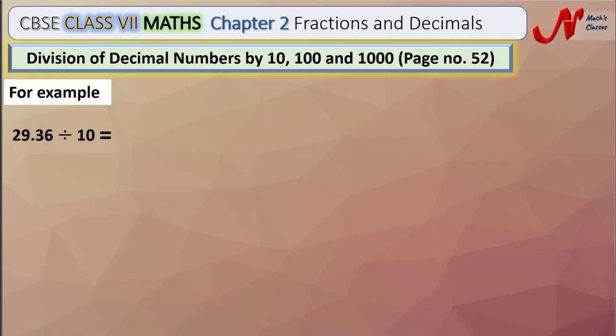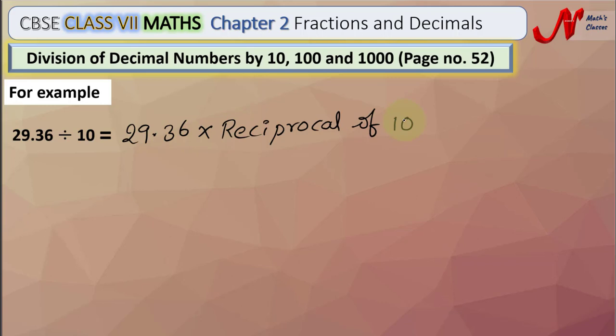Now discuss some more examples about division of decimal numbers by 10, 100 and 1000. For example, 29.36 divided by 10, which can be written as 29.36 into reciprocal of 10, which can be written as 2936 divided by 100.